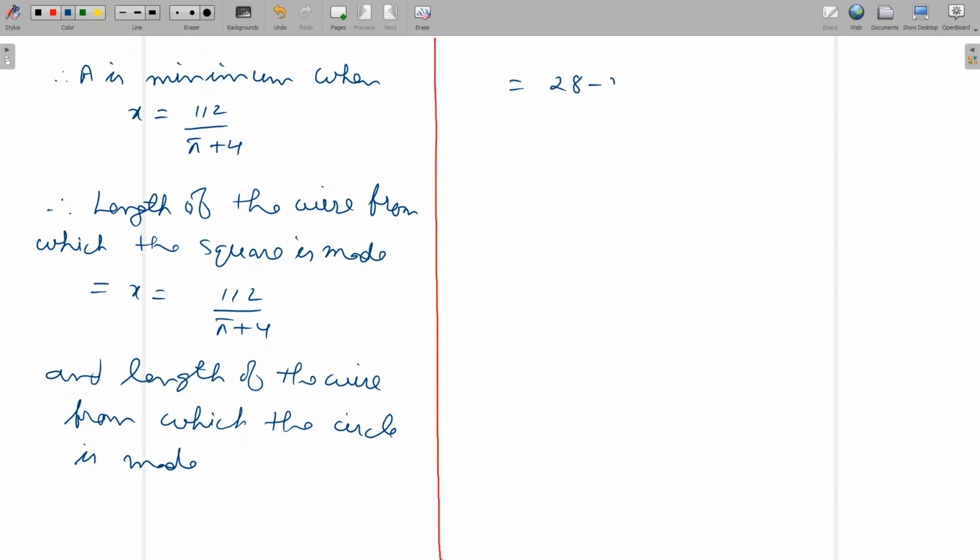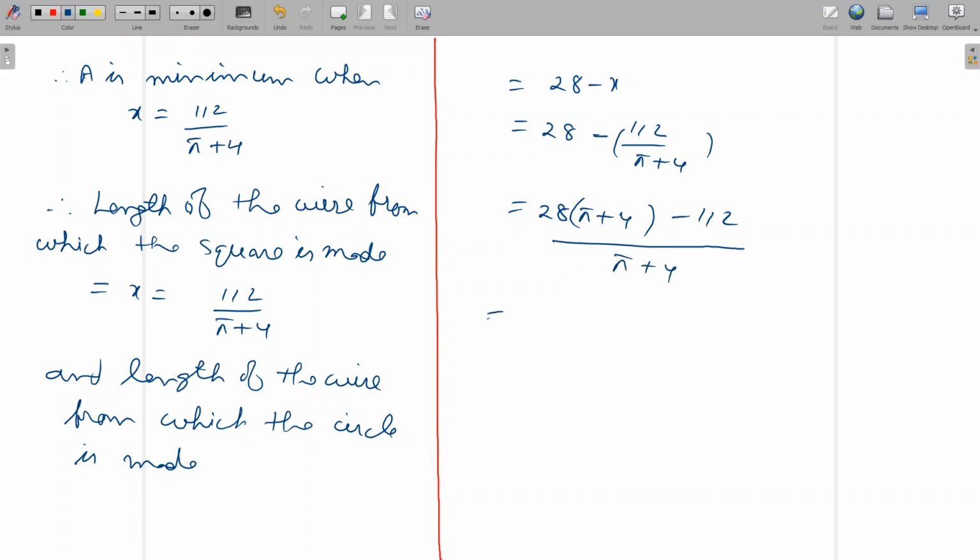28 minus x, and that is equal to 28 minus 112 over pi plus 4, and simplifying this will give us 28 into pi plus 4 minus 112 over pi plus 4, and that is equal to 28 pi plus 112 minus 112 over pi plus 4.